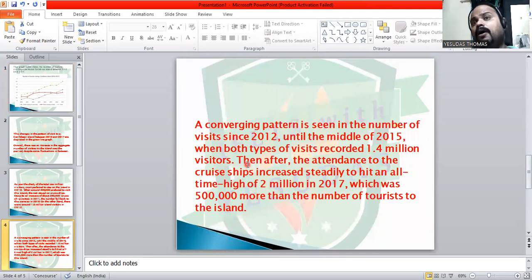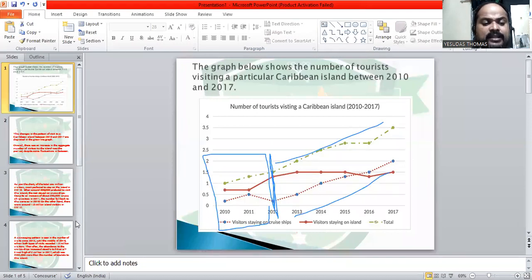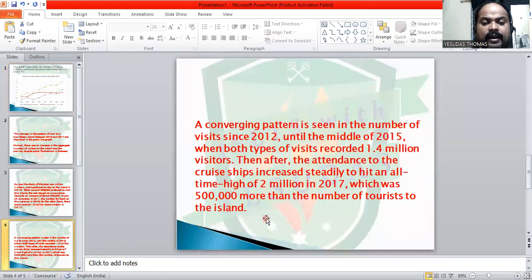Now, from that point up to this point, we have seen, from this point to this point. And what is happening next? And this is my question. When we see the next particular paragraph, a converging pattern is seen in the number of visits since 2012 until the middle of 2015, when both types of visits recorded 1.4 million visitors.